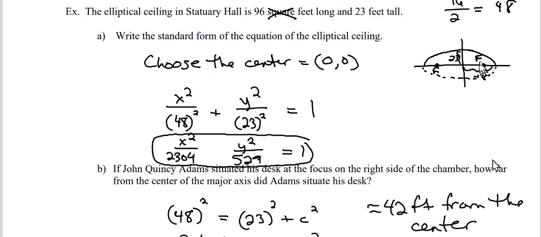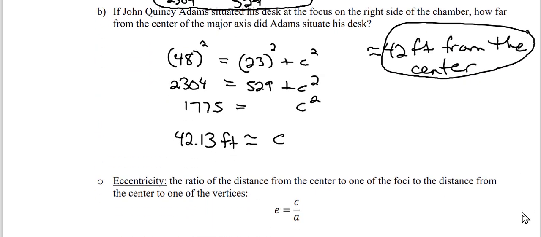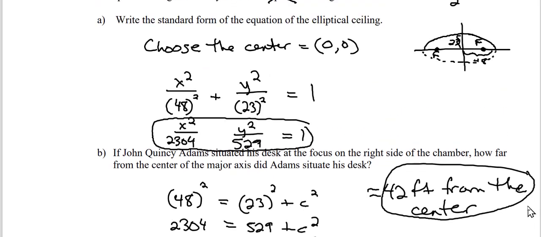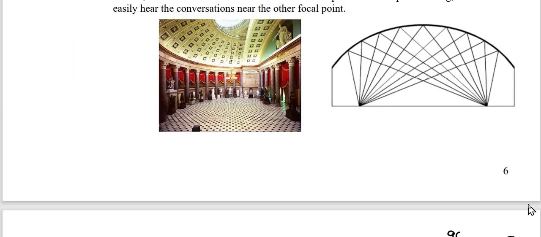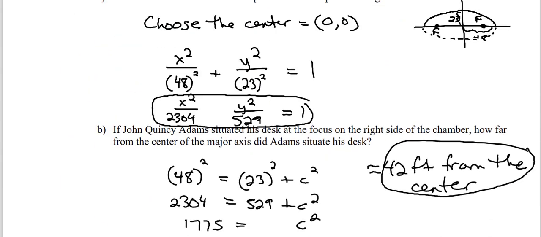That means about 6 feet from the wall. Okay, so that's one application of this. This reflective property of ellipses is pretty cool, I think. It's kind of fun to think about.